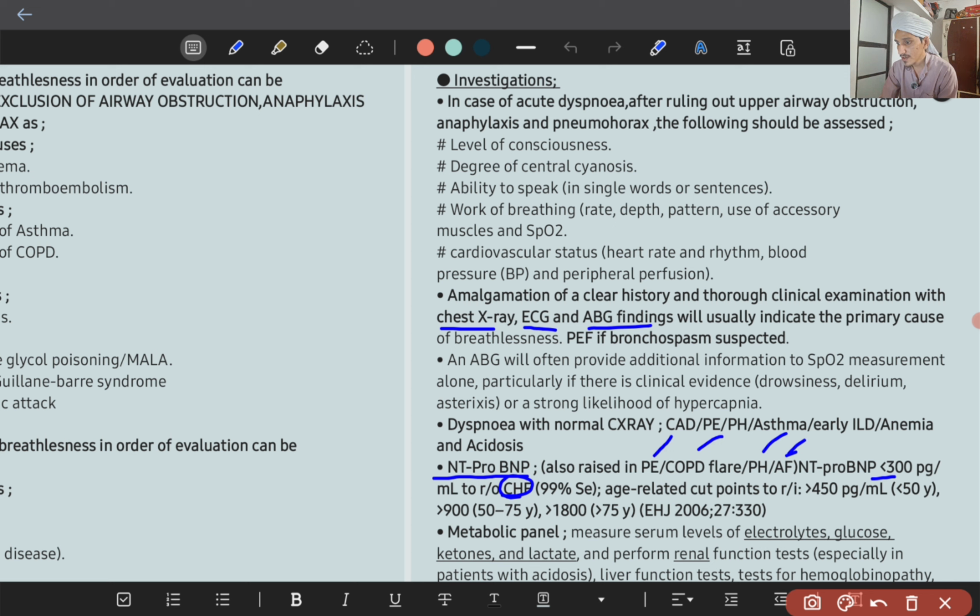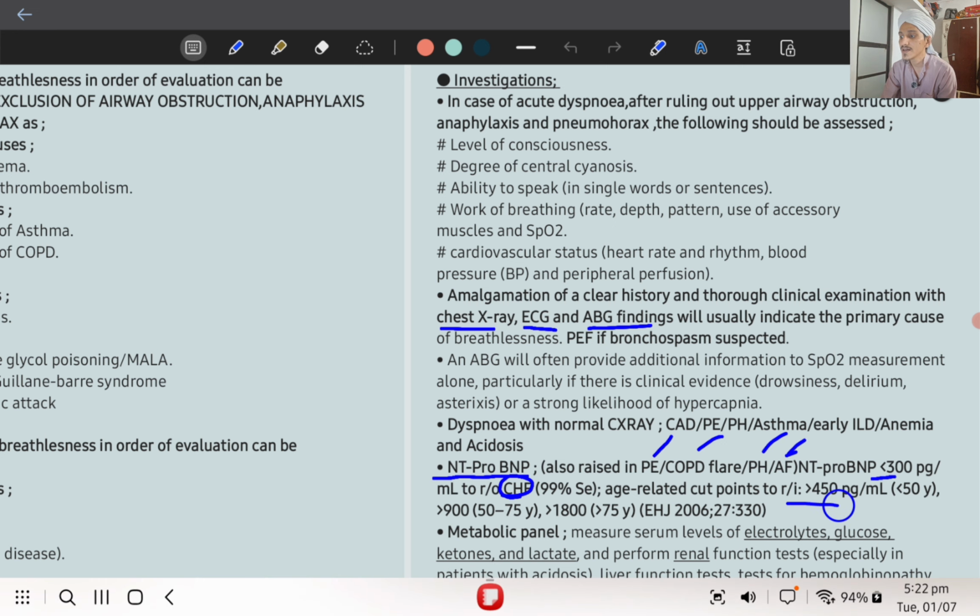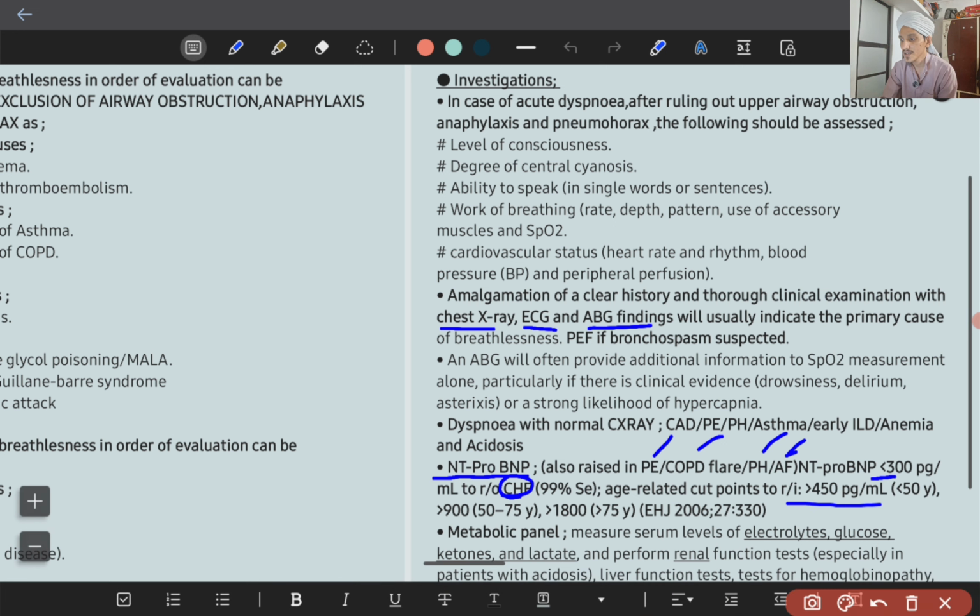Age-related cutoff points to rule in, that means there can be a cardiac cause. So for patients less than 50 years, if the NT-proBNP levels are more than 450 picogram per ml, then there can be a cardiac cause.